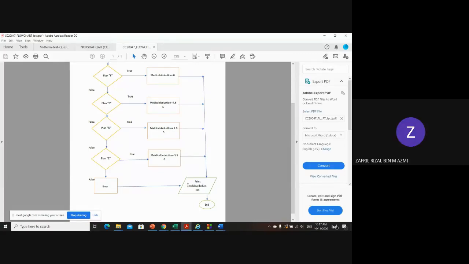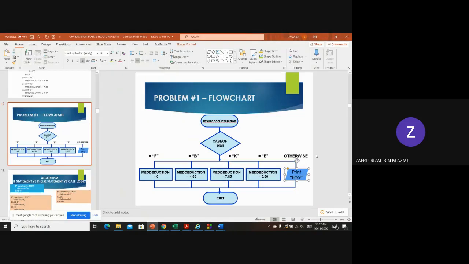No, in this case there is no range. It depends on the situation and on the problem. The problem over here is not based on range. The system decides based on the value of plan, the exact value.